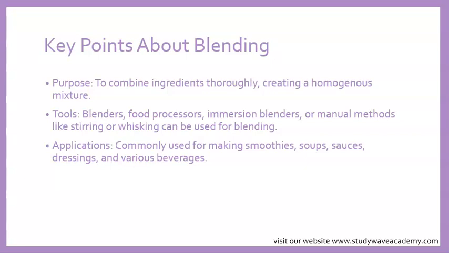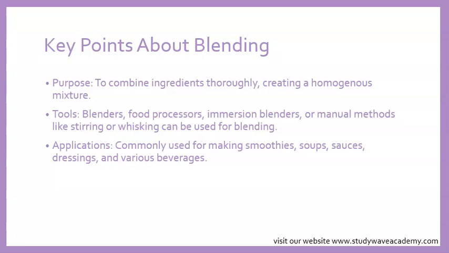Blending is like creating kitchen harmony, okay? You take different ingredients, put them together, and blend until they become smooth. Do you understand? It's not just for smoothies. It's like turning vegetables into silky soups also. Do you understand?